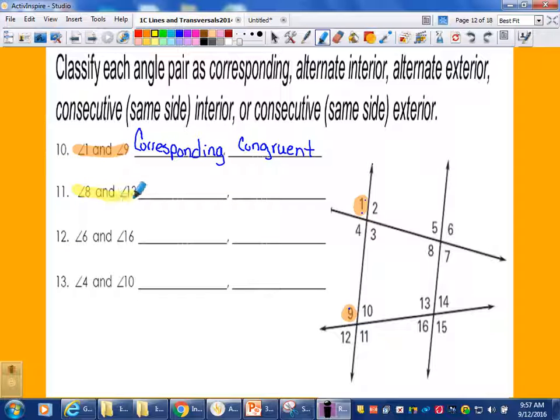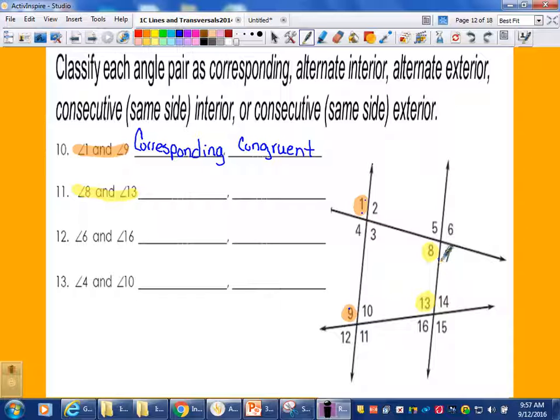Now they want us to look at angle 8 and angle 13. Here's 8, here's 13. So I ask myself the same question. Are they on the same side of the transversal, or are they on opposite sides? I'm seeing they're on the same side, so that means they're either consecutive or corresponding.